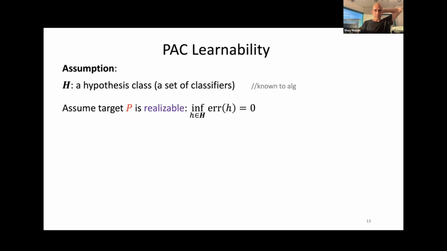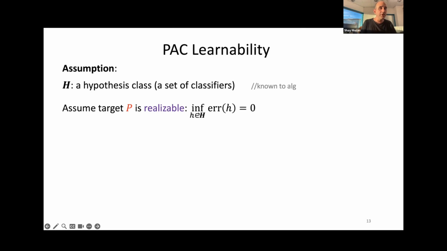Okay, great. So now we get to the definition of PAC learnability. In PAC learnability, it is assumed that there is a class of functions, which we call a hypothesis class or a concept class. This class of functions is known to the algorithm. And we further assume that the target distribution is realizable by the class.